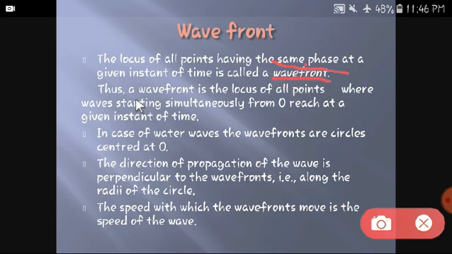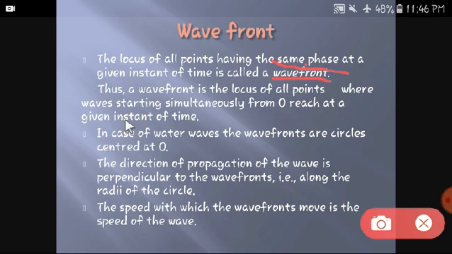Okay, thus the wavefront is the locus of all points which waves starting simultaneously from a single point reach at a given instant of time. If we consider the example of the stone as point O, then the waves reach simultaneously the first spherical surface, then the second spherical surface. In the first sphere, which is very near to point O or the stone, all points are in the same phase.